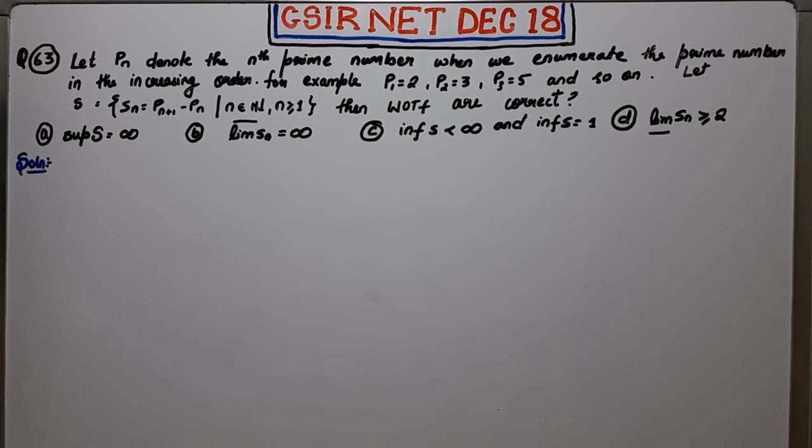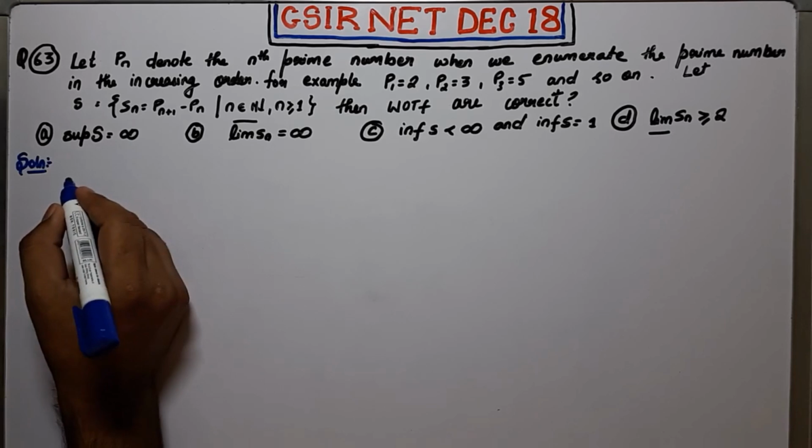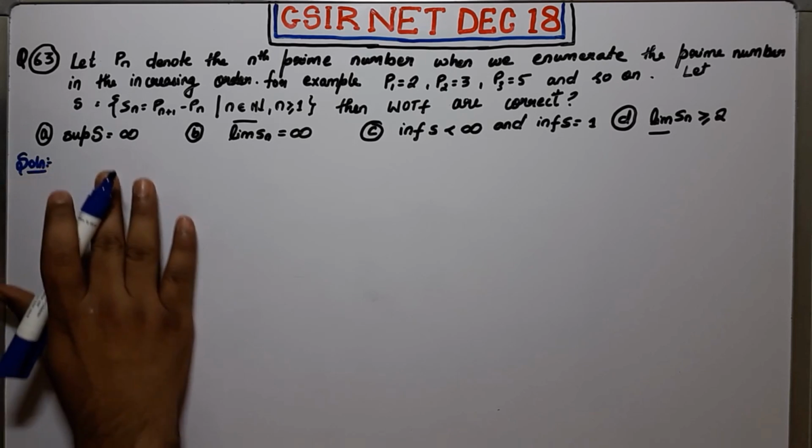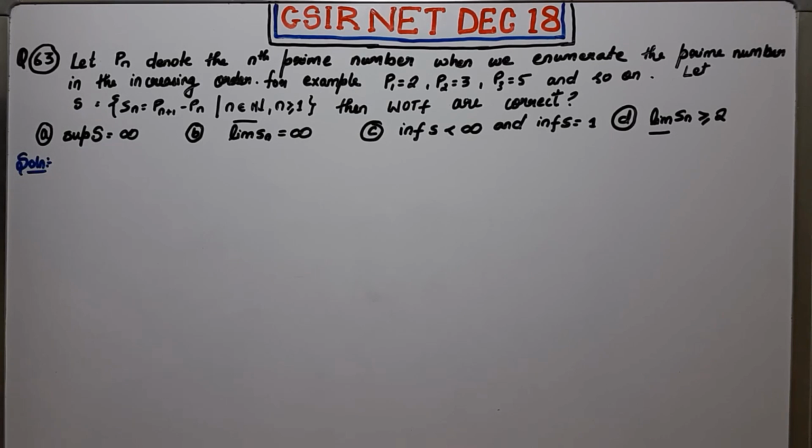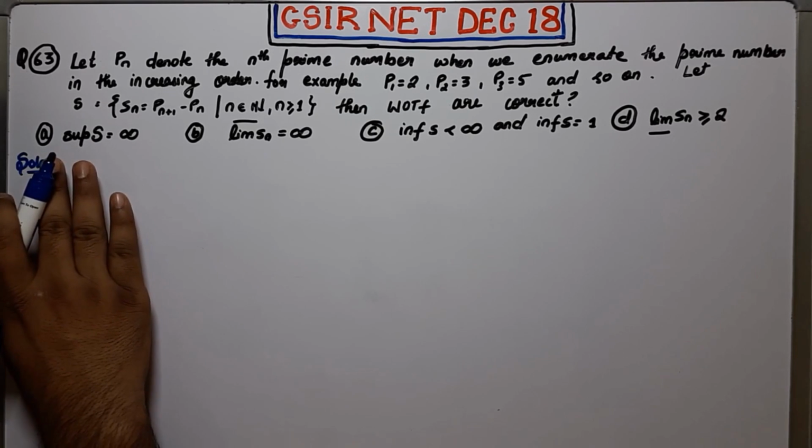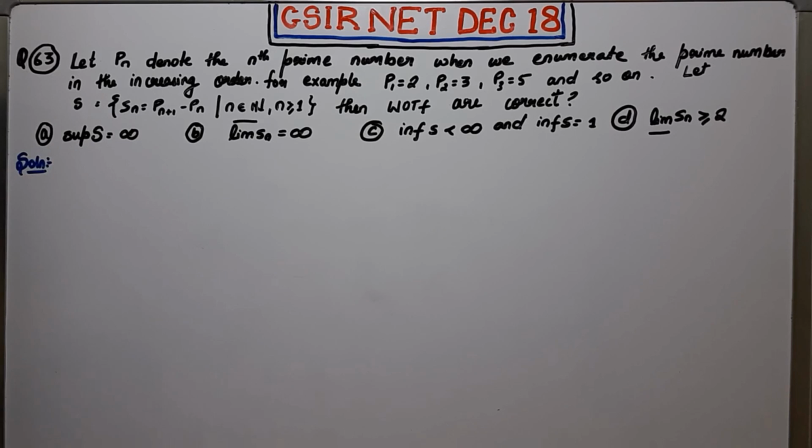So let us start. First, they are talking about the supremum of the set. So you need to see what the elements in the set S are. The set S consists of the difference of successive primes. That means if the first option is correct, then there should exist two successive primes whose difference is infinite.